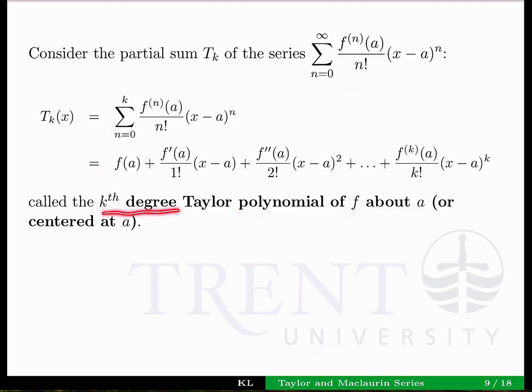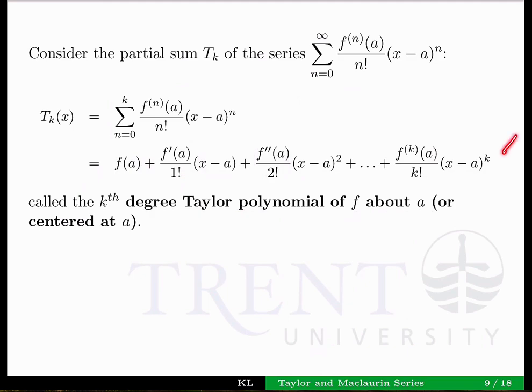Again, kth degree Taylor polynomial of the function f about a, or centered at a. It is a polynomial because this is a polynomial, this is a polynomial. If you square this, even if you raise it to the power k, it's still a polynomial. And all other things here are just actual numbers.